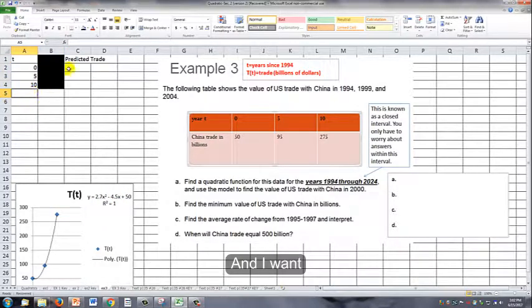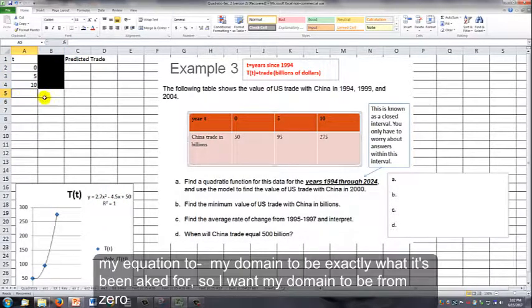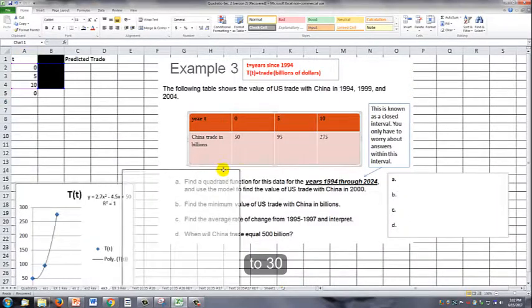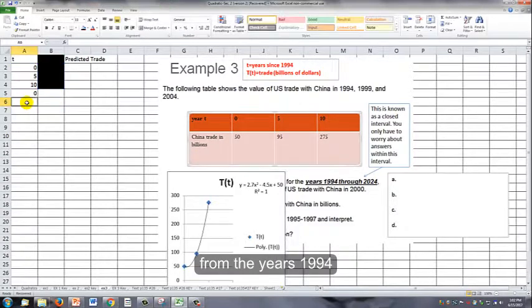And I want my domain to be exactly what it's been asked for. So I want my domain to be from 0 to 30, from the years 1994 to 2024.